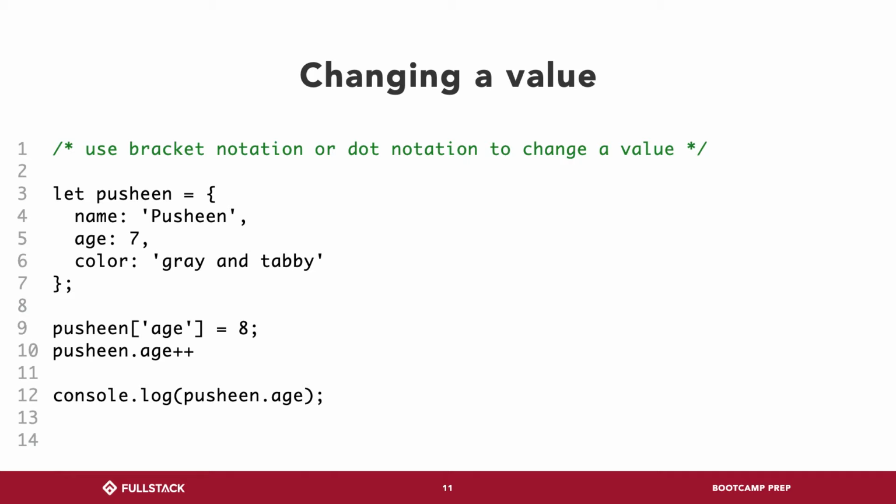It's going to be 9, because the age here is 7, then we say pusheen age is now going to be equal to 8. But on the next line we say pusheen.age plus plus, so we add 1 to that. Plus plus is loosely shorthand for plus equals 1. I say loosely because it's not really. Okay?